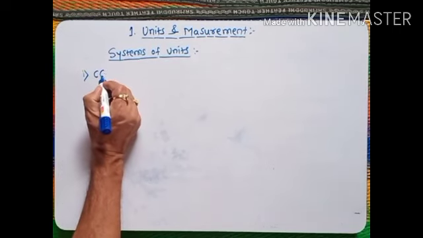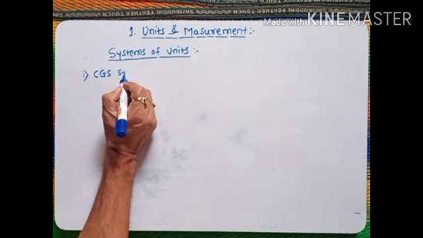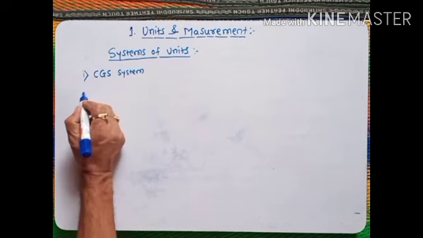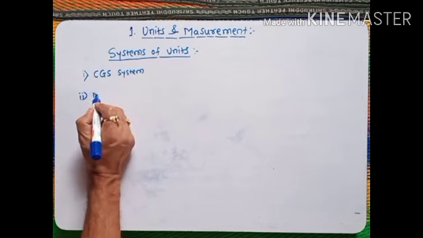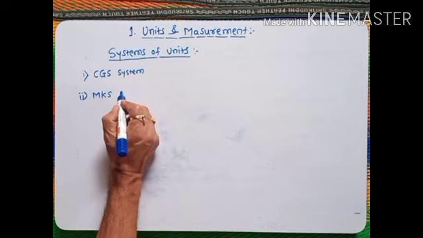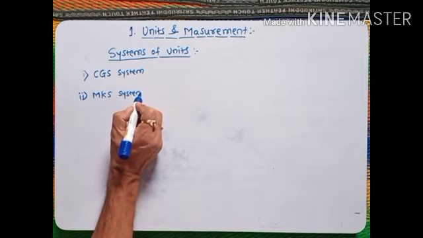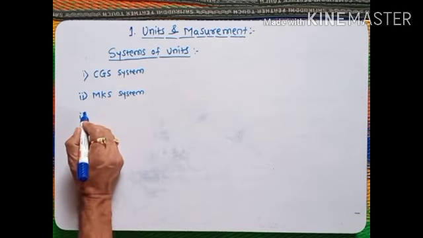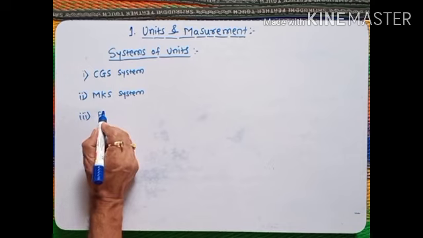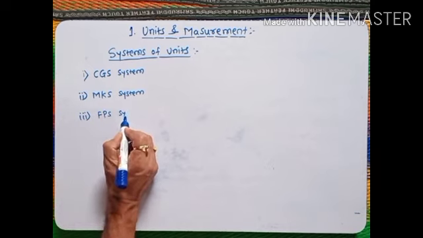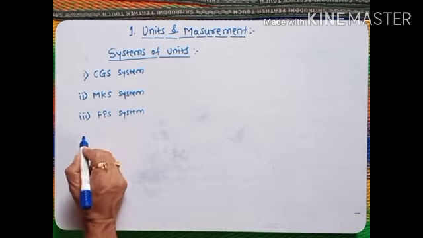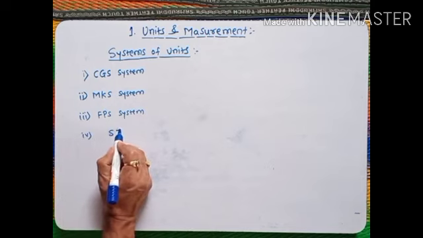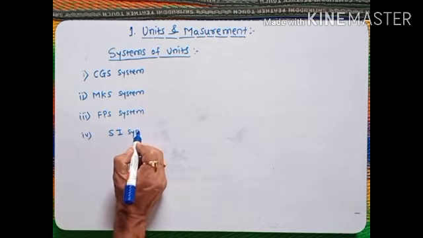First system we consider is the CGS system. Secondly, the MKS system. Third, the FPS system. And fourth one, the SI system.